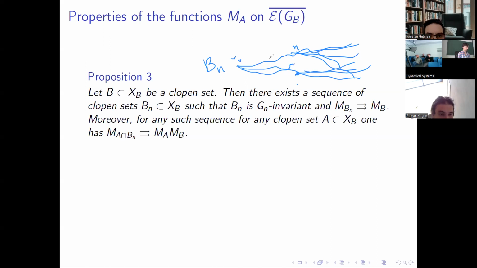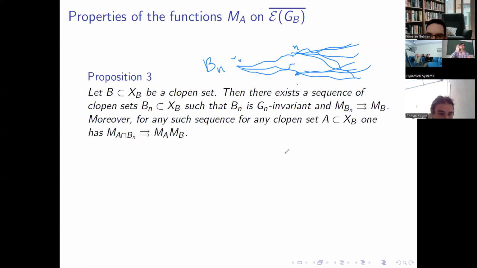It's defined just by some finite number of paths between level 0 and level n. And for any open set A, we have the property that the measure of A intersected with Bn converges uniformly to the product of measures mu of A and mu of B. It's a property similar to mixing in some sense.